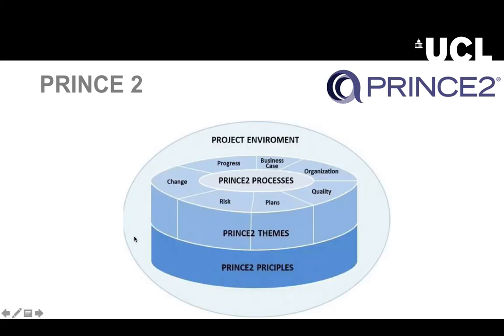Here you can understand graphically the PRINCE2 methodology. Basically, the first thing is to define the project environment. Then we have a series of PRINCE2 principles that support the PRINCE2 themes, which are 7: the business case, the organization, quality, plans, risk, change, and progress.